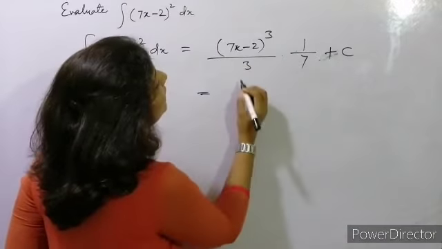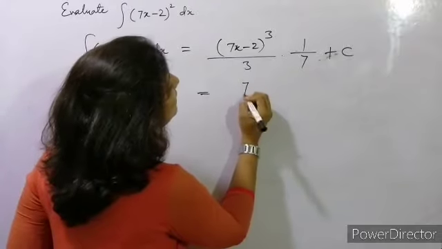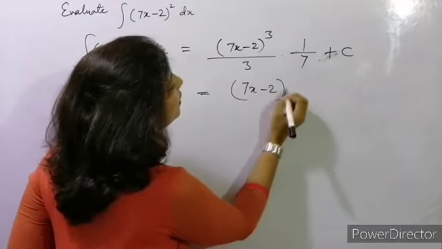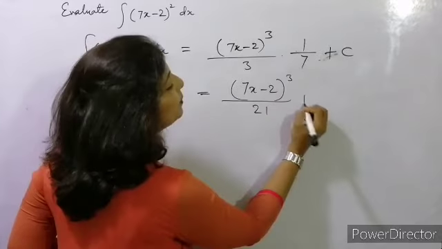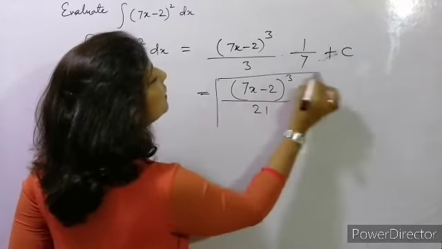So the value will be (7x minus 2) to the power 3 divided by 7 times 3, which is 21, plus c.